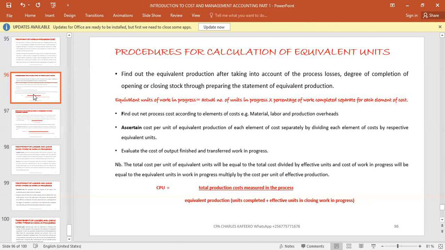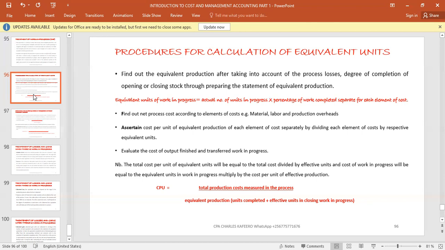The second step is to find out the net processing cost. What do they mean by the net process cost? We said in the first stage that we have to first take into account the process losses.